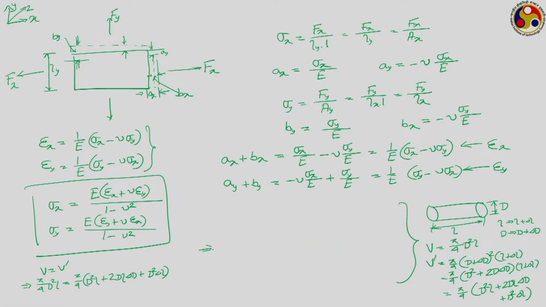If we simplify this now, then we have minus 2 d L delta d is equal to d square delta L, and if we divide everything by d square L, then we have on this side delta L upon L, and on that side minus delta d upon d, so minus delta d upon d divided by delta L upon L, which as per our definition is the Poisson's ratio, is half or 0.5.